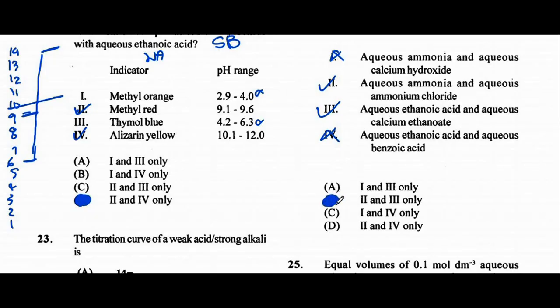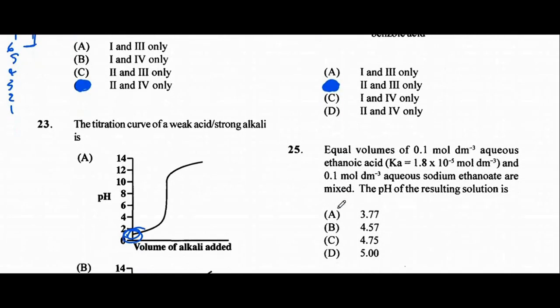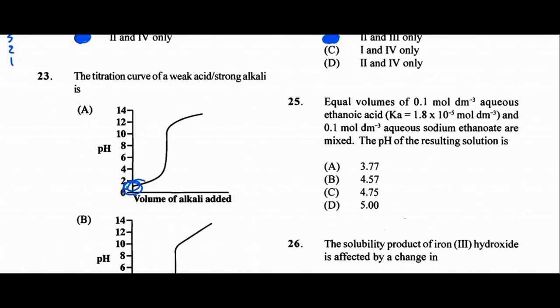I'm going through this quickly though, it's like 30 something minutes. Alright, 25. Alright, equal volumes of 0.1 mole per dm cube aqueous ethanoic acid with Ka, the acid dissociation constant, equal to 1.8 times 10 to the minus 5 mole per dm cube, and 0.1 mole per dm cube aqueous sodium ethanoate are mixed.